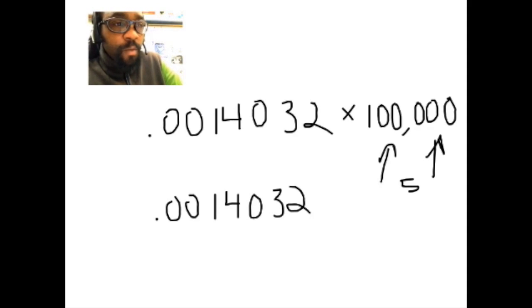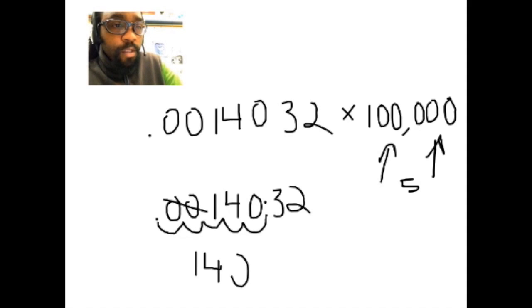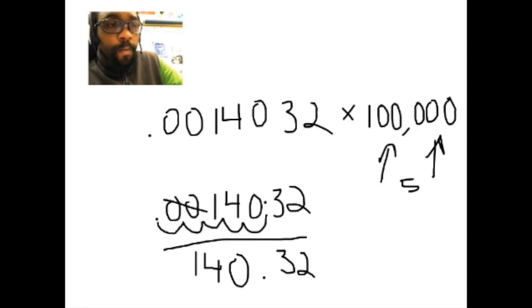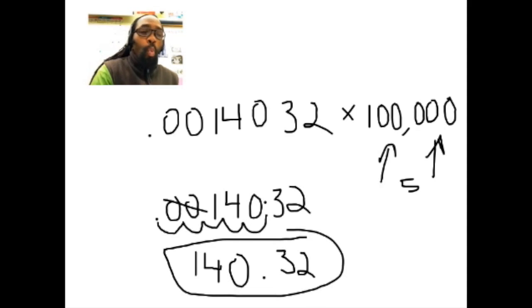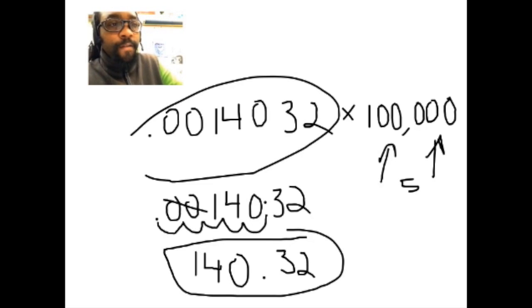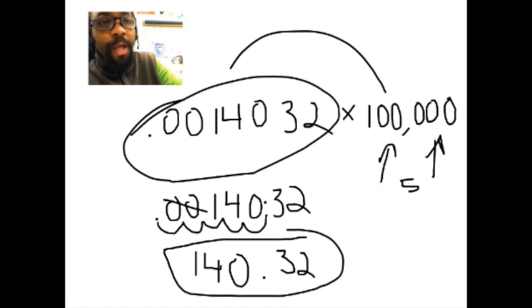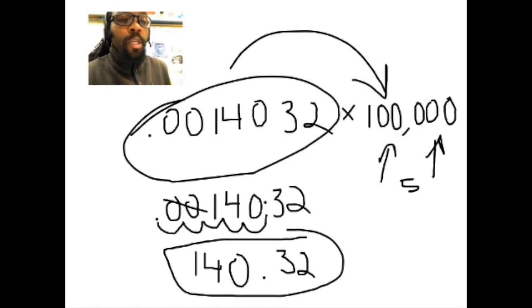So let's move this decimal 5 places. 1, 2, 3, 4, 5, and we place the decimal right there. Remember, once that happens, get rid of those zeros and just write 140.32. Remember that this is actually a very small number, so that's why when you multiply it by 100,000, you only get 140.